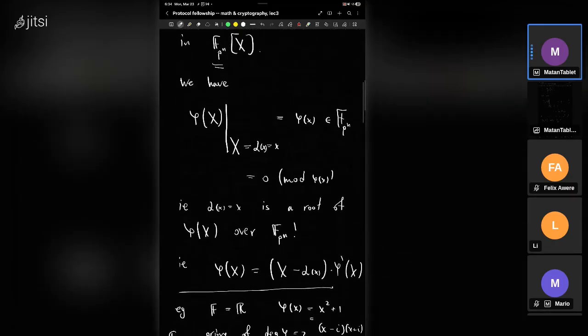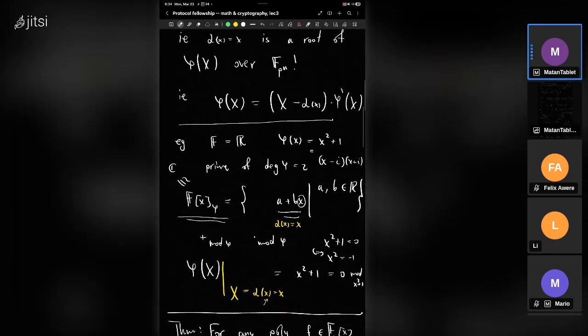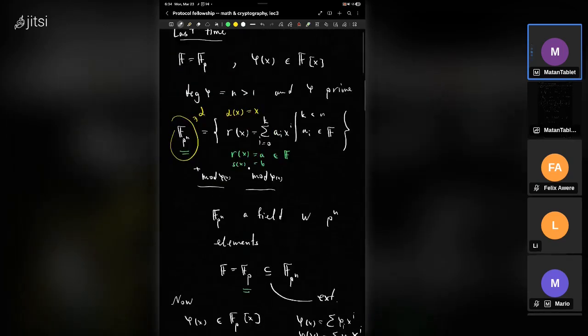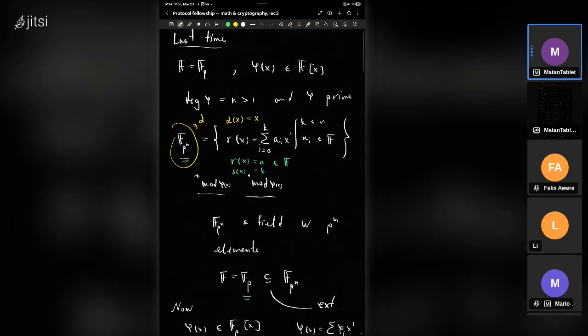So what I did, I took the whole construction of this Fp to the n as a set, it's a set of polynomials, right? Polynomials of degree less than n. And the operations are a bit weird because you do addition and multiplication modulo phi.